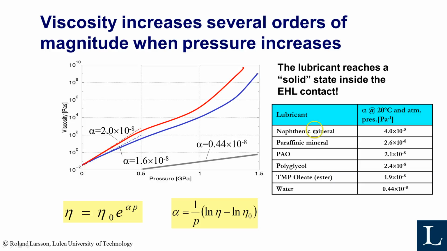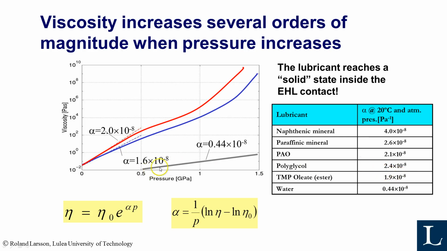And if you measure that for different types of lubricants or different types of fluids, you can see that it's pretty high for some of the mineral oils. It becomes lower for some synthetic oils like the polyalpha olefin and synthetic esters, and for water it's even lower. And it's a pretty big difference between this value for water and this value for synthetic ester.